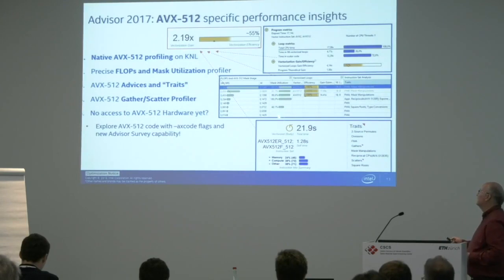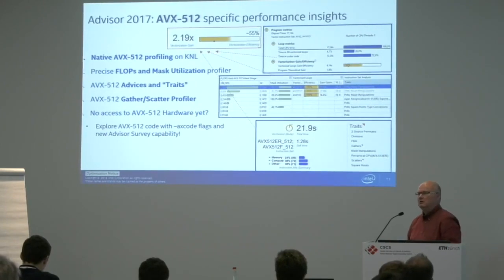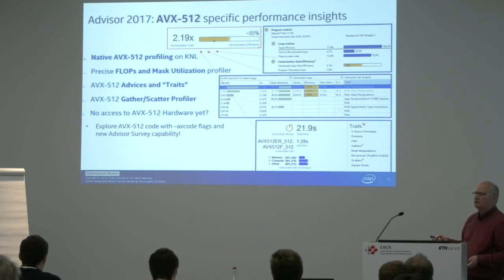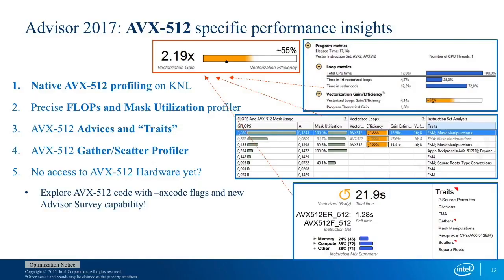This is the arithmetic intensity. Then you get another column for the mask utilization. It can be that there is a mask by an if statement that masks out certain elements of your vector and only uses part of the vector elements. So this is interesting information as well. If you have a low mask utilization, you might think of changing your algorithm to pack your vectors more tightly.